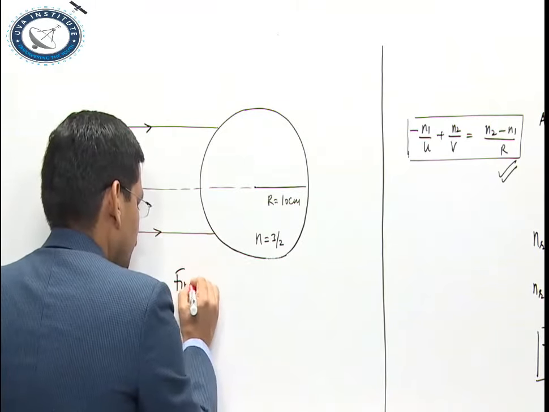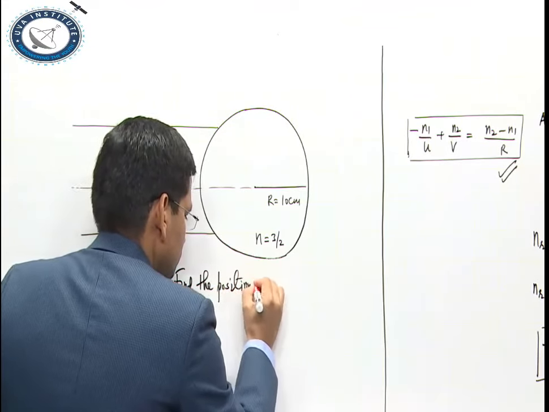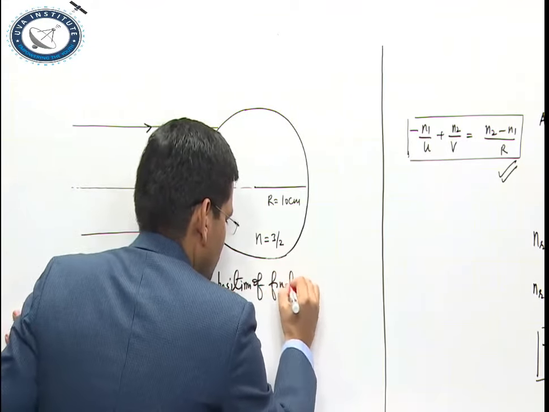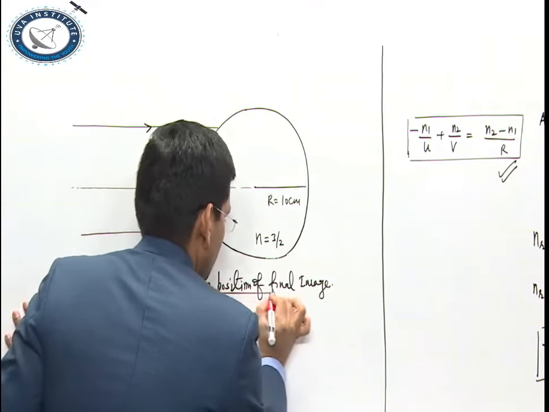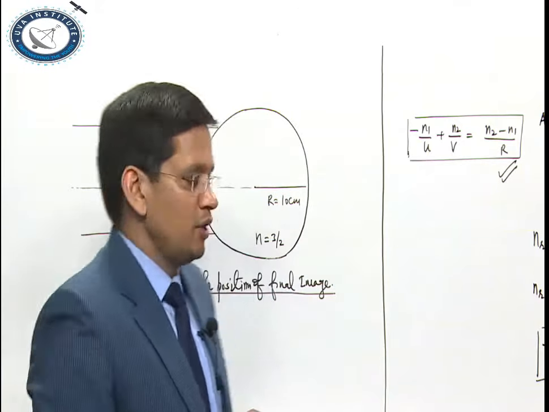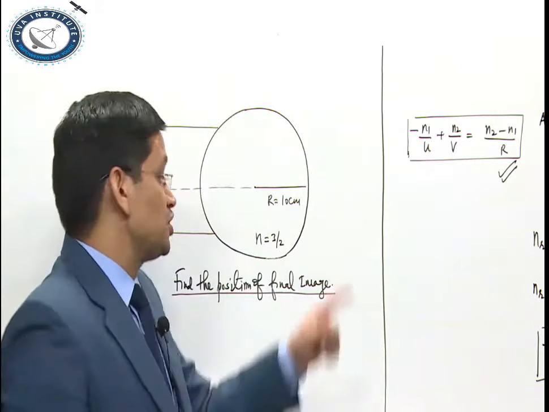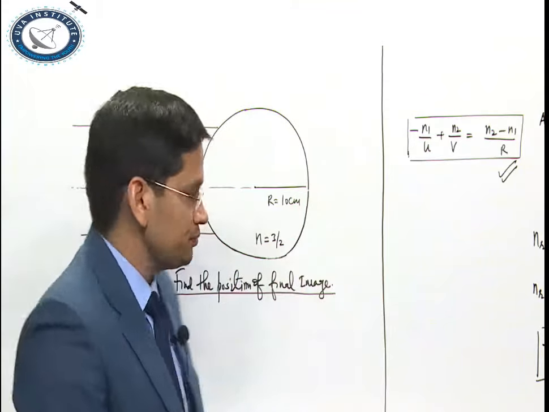Find the position of the final image. Now, final image from where? It is again a point of concern. So let us assume the final image from this point. You can also calculate the final image from the other point, that's another issue.